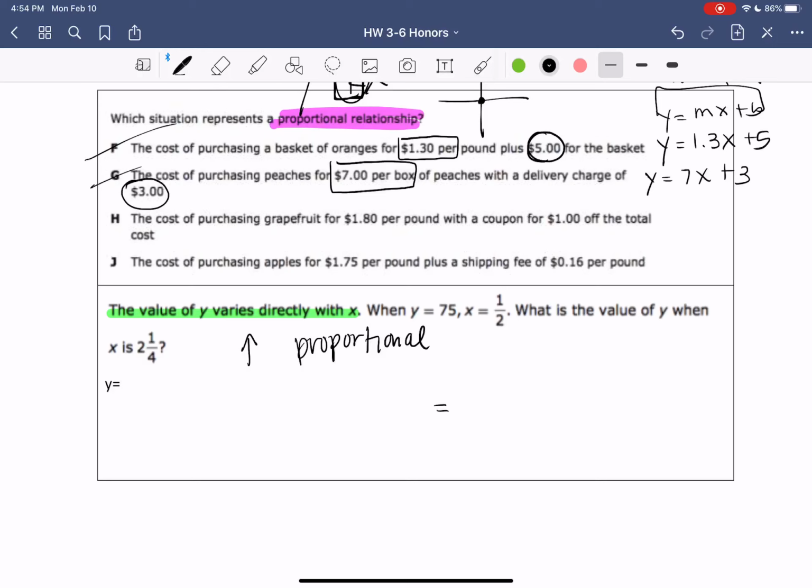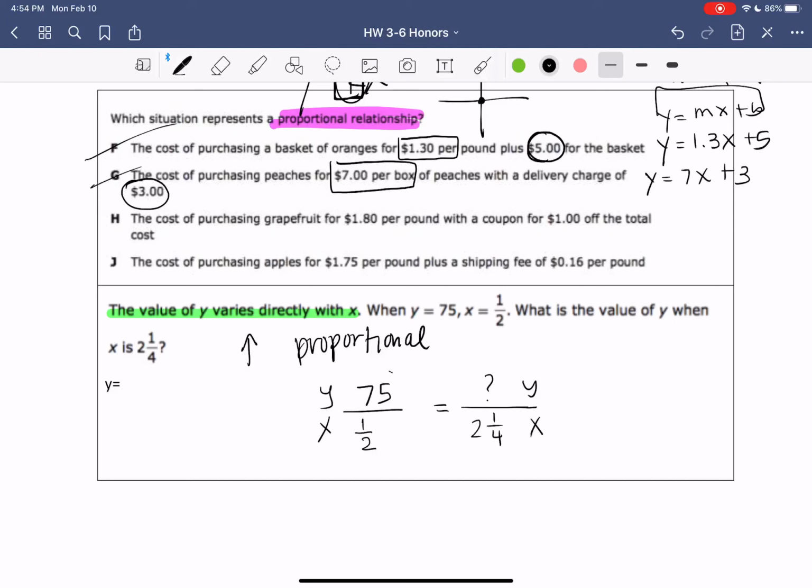So again, we have y over x. When y is 75, x is 1/2. When y is unknown, x is 2 1/4.